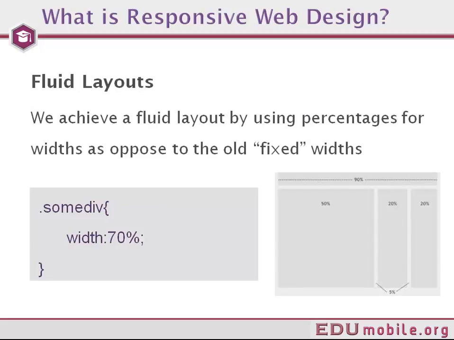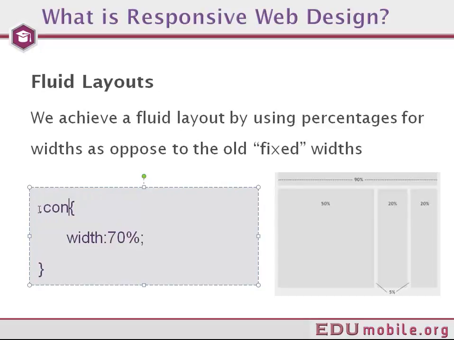We can achieve fluid layouts by using percentages for widths as opposed to the old fixed width method. And you've probably seen something like, let me take this example here. You might see a container with the width of 960 pixels, a popular width. That's fixed.